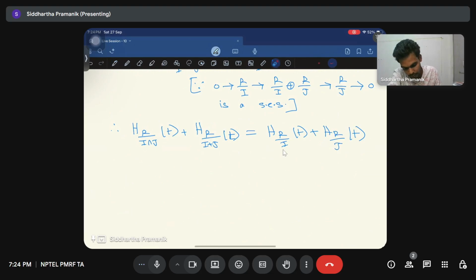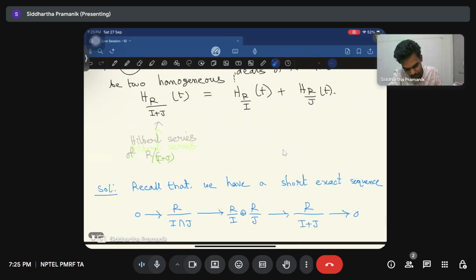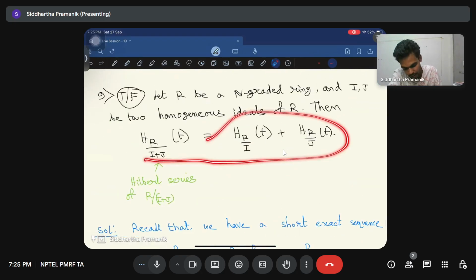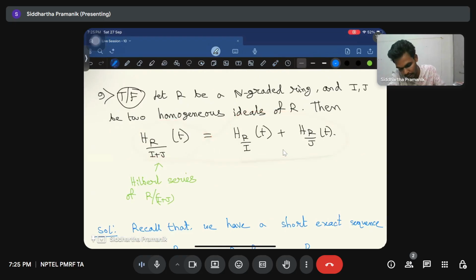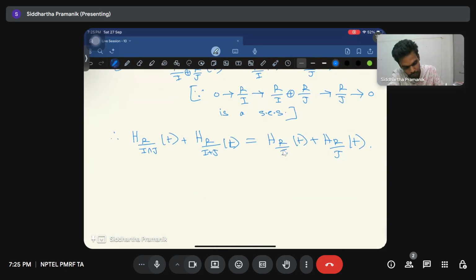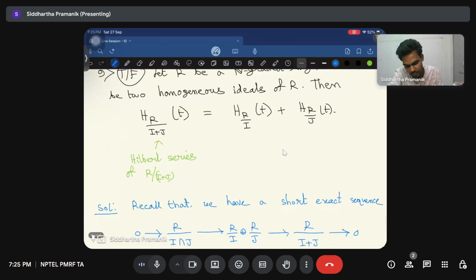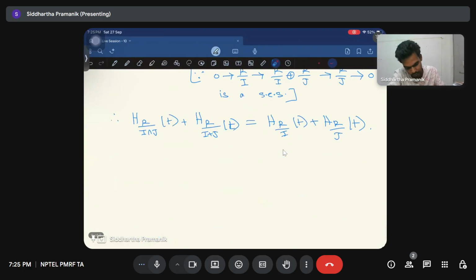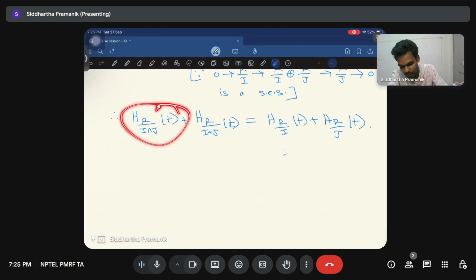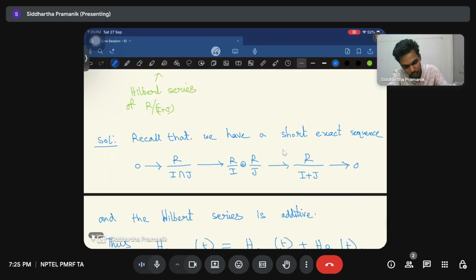So in this equation we have this extra term, and in the question the left hand side has just one term, so this need not be true. In general it is false. If this part is 0, then the result will be true, but that need not be 0 in general.